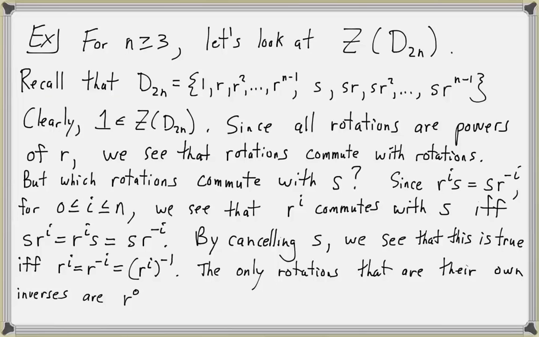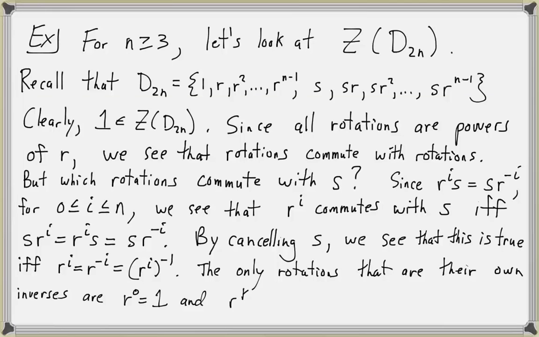are R0, which is the identity rotation, and in the particular case when the polygon has an even number of vertices. So when n is an even number, then the rotation that rotates halfway would be its own inverse.